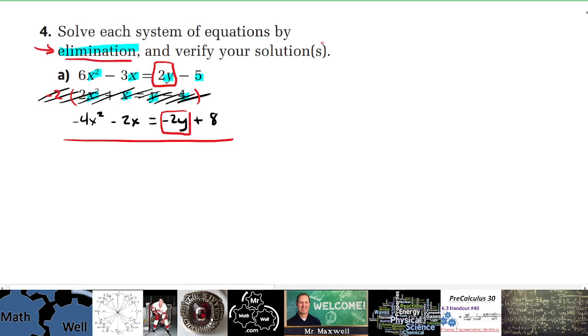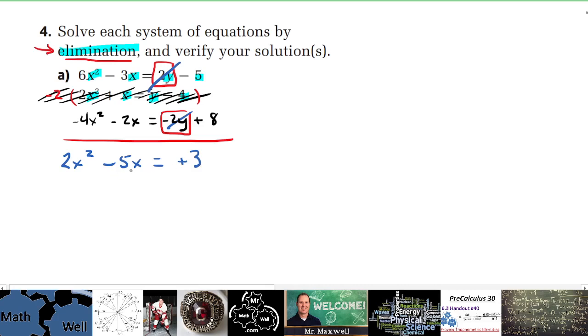So we eliminate the y. So 6x squared minus 4x squared is going to be 2x squared. And -3x plus -2x is -5x equals, the y's are gone. That's awesome. -5 plus 8 is +3 over here.